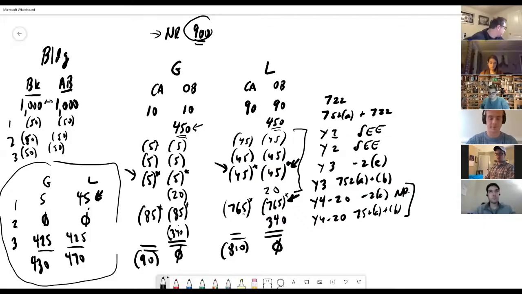What happens then is that things are simplified. Number one, our initial share of the debt is going to be 10% to G and 90% to L.